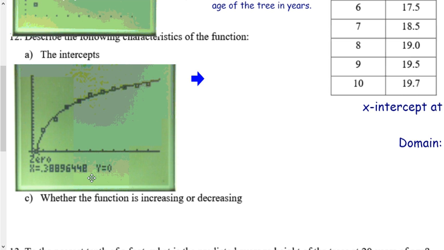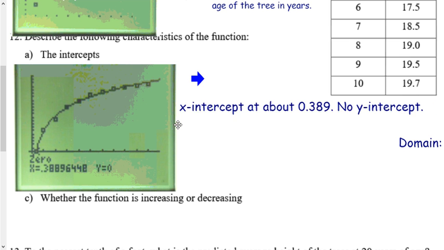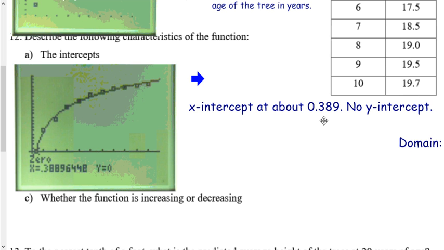So that's my x-intercept. Because this is a logarithmic equation, and there's no translation to the left or right, there is no y-intercept. So here we go. We have an x-intercept at about 3.89, rounding to the nearest hundredth, and I have no y-intercept. How did I know where to round?